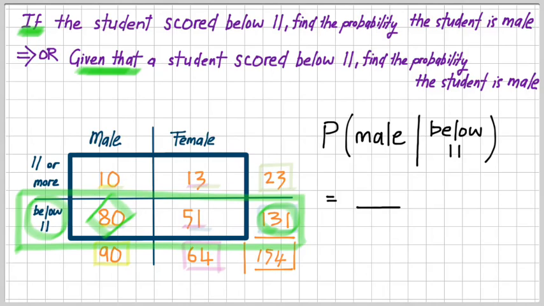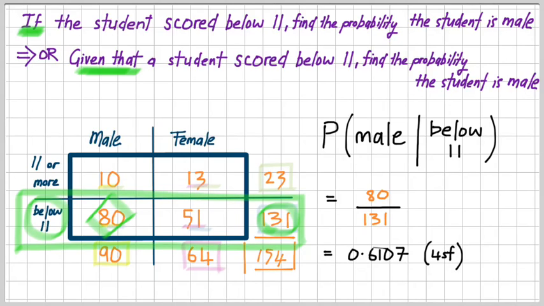So in terms of the calculation here, there we go, that's the total, 131, and 80 males scored below 11. So 80 divided by 131 will give us 0.6107. And that's also to 4 significant figures.